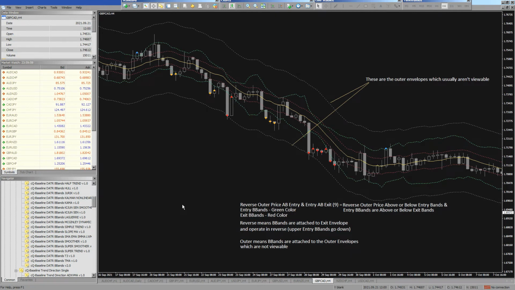This next mode is reverse outer when price is above or below the entry and the entry is above or below the exit. So that's what we have here. Price is below the entry and the entry is below the exit. And on this one, price is above the entry and the entry is above the exit.